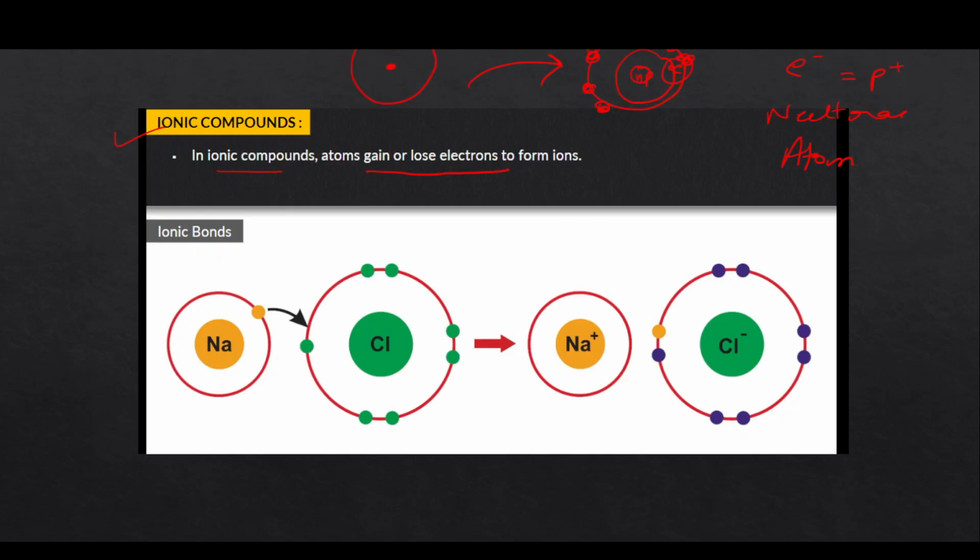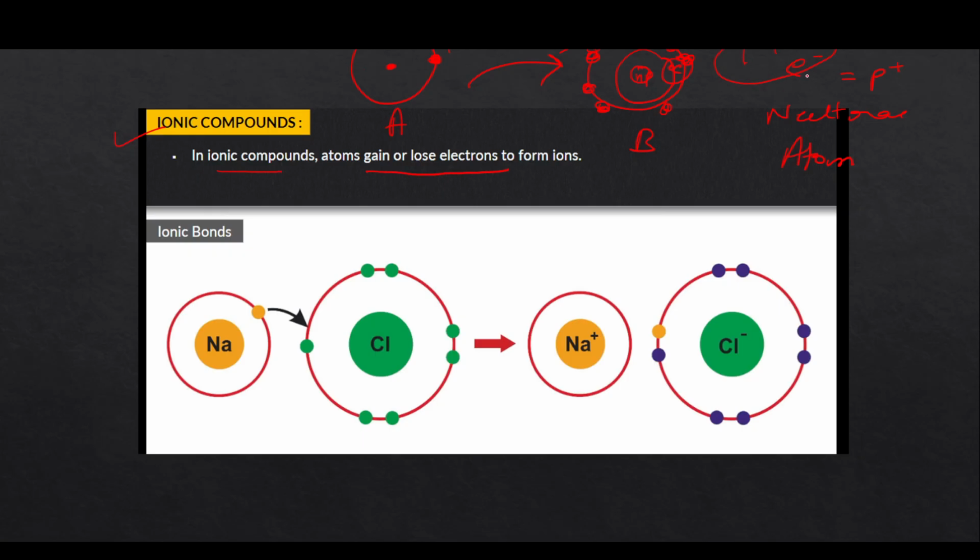And let's say this atom has one electron, so it will lose this one electron, and this atom B, suppose this is A, B will gain one electron to completely fill its shell and become stable. And as it gains one electron, because first suppose there were 12 and 12 electrons, now it has gained one electron, right?